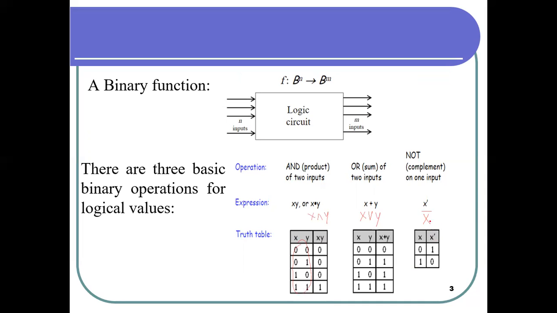These are some of the basic operations. The rest of the Boolean functions are possible combinations of these basic Boolean functions. I mean to say AND, OR, and NOT. These are the three basic Boolean functions, and the rest of the Boolean functions are based on these.